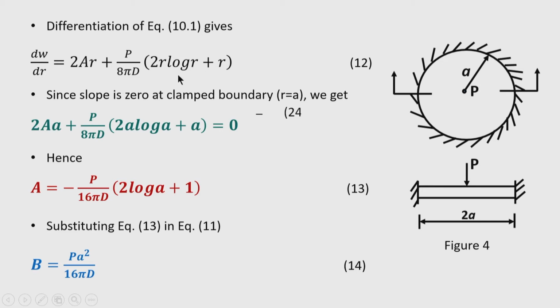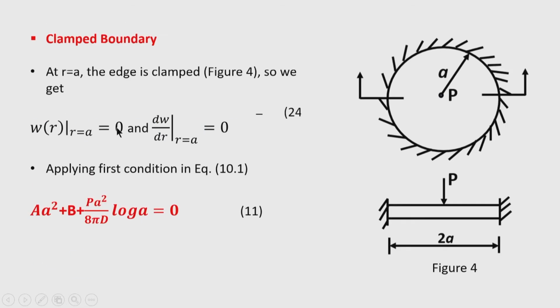Now, since the slope is 0 at the clamped boundary, r is equal to a, we apply the clamped boundary condition. The condition is 2 A plus P by 8 pi D into 2 a log a plus a equals 0. So, now we get two equations.